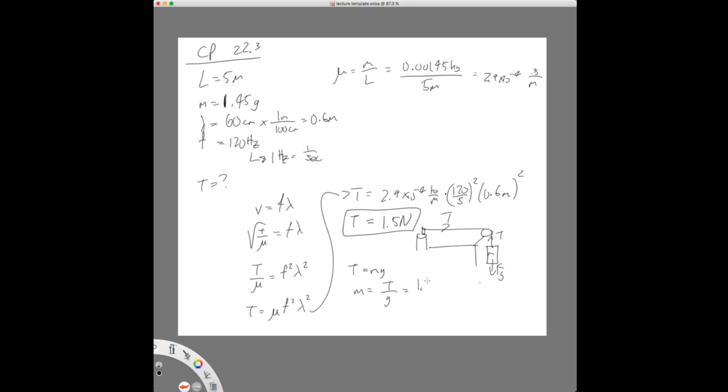So that's 1.5 over 9.8. And that would be 0.153 kilograms. Okay, any questions?